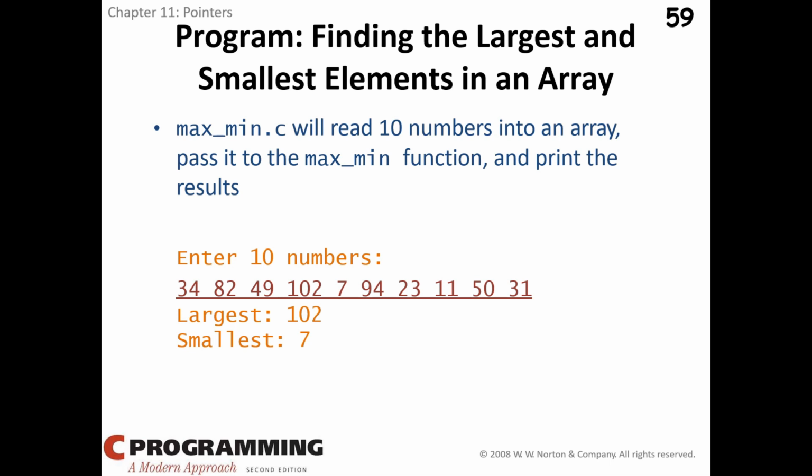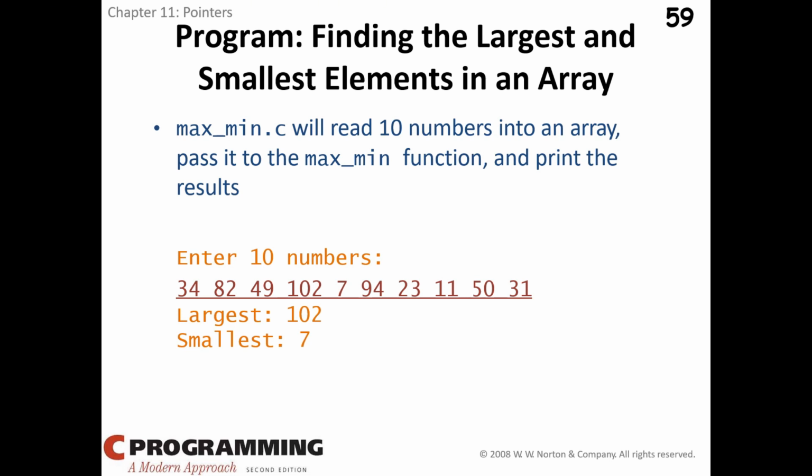Additionally, it passes the addresses of two variables, big and small, where the largest and smallest elements will be stored. Inside the max_min function, the array is traversed to find the largest and smallest elements, and these values are then stored in the memory locations pointed to by the max and min pointers.